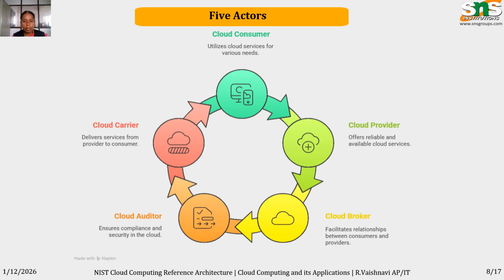First, cloud consumer, it utilizes the cloud services for various needs. And then cloud provider, it offers reliable and available cloud services. Third one will be the cloud broker. It facilitates the relationship between the consumer and the provider. Fourth one will be the cloud auditor. It ensures the compliance and the security in the cloud. Fifth one will be the cloud carrier. It delivers the services from the provider to consumer.